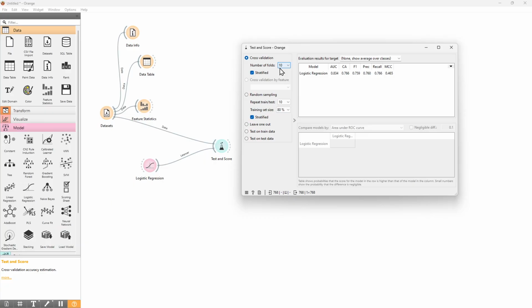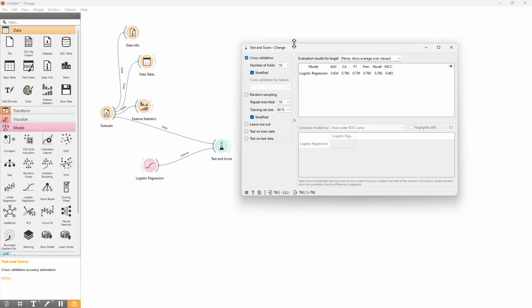So when we get different results, at least we'll know that the ratios were preserved, so we didn't change anything there that will impact the model performance. Same idea for random sampling too. In regression, we can't really talk about stratification, but in classification, stratification is important. So please make sure that you select stratified here, either in cross-validation or this random sampling.